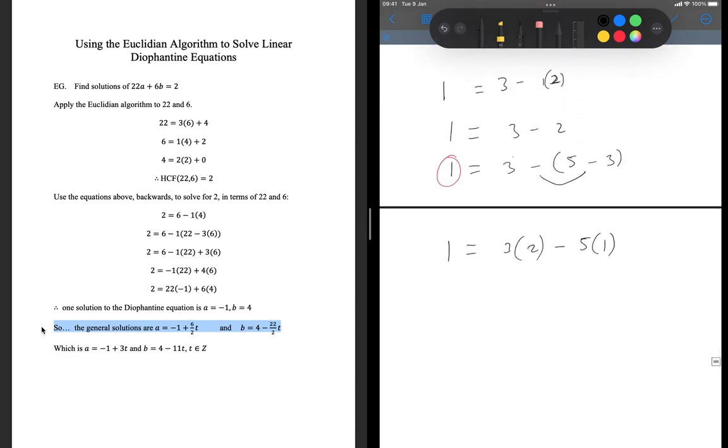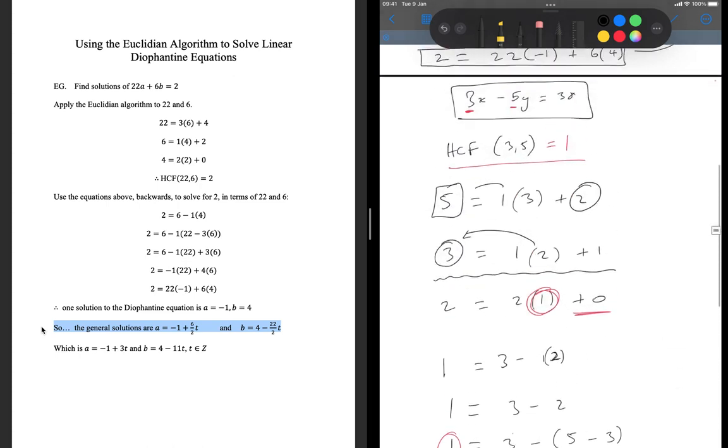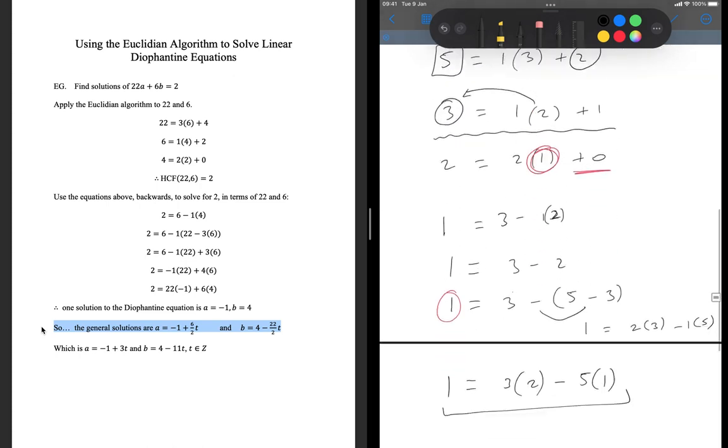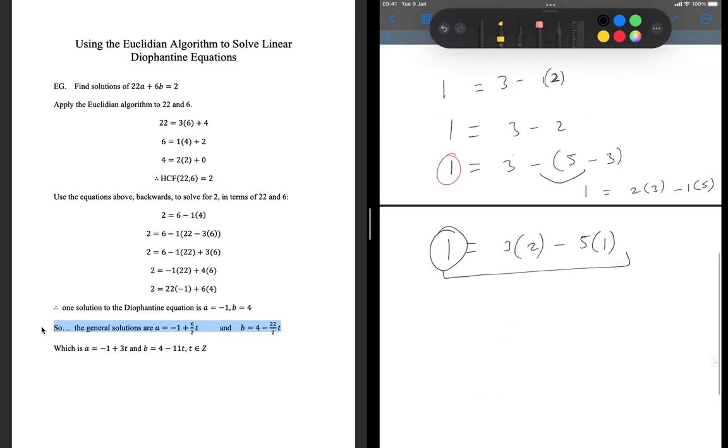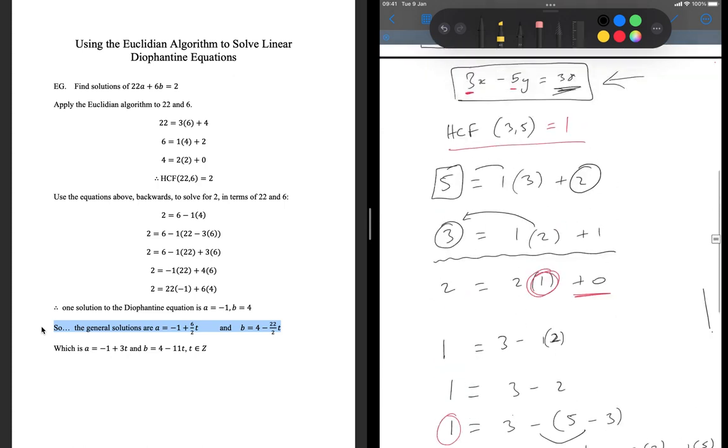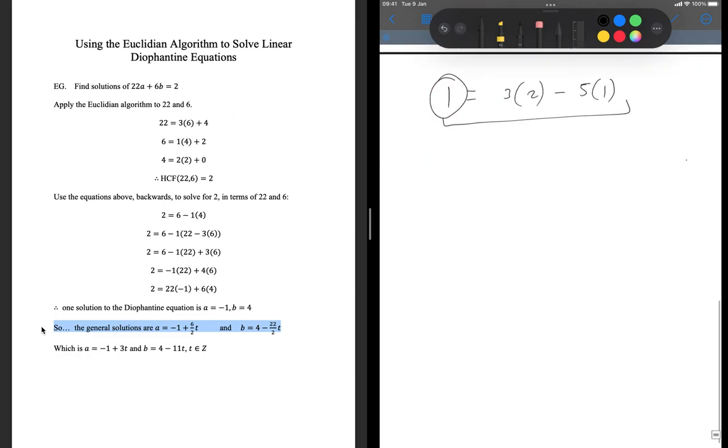So if we expand this top one, we'd have 1 equals 2 lots of 3 minus 1 lot of 5. So all I'm doing is writing that in terms of what the original Diophantine equation looked like. So 3x take 5y. What you'll notice though is that we have 1 equals that, not 38. So what we can actually do is just multiply everything by 38.